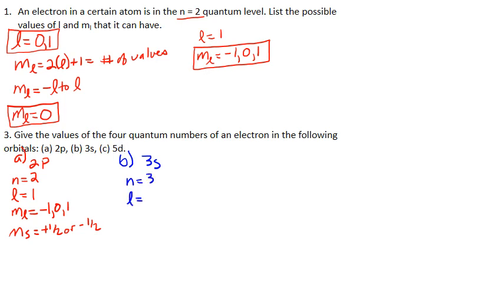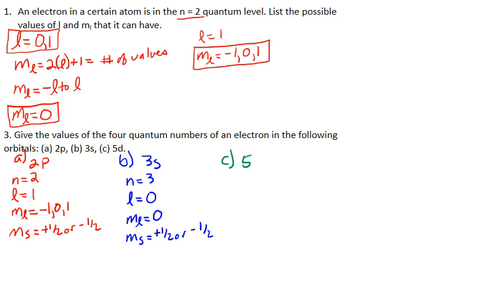L, since it's an s orbital, has to be 0. m sub L here ranges from minus L to plus L. When L is 0, it can only be 0. The spin quantum number, m sub s, is either plus 1/2 or minus 1/2. All right, move it along. Let's look at C.